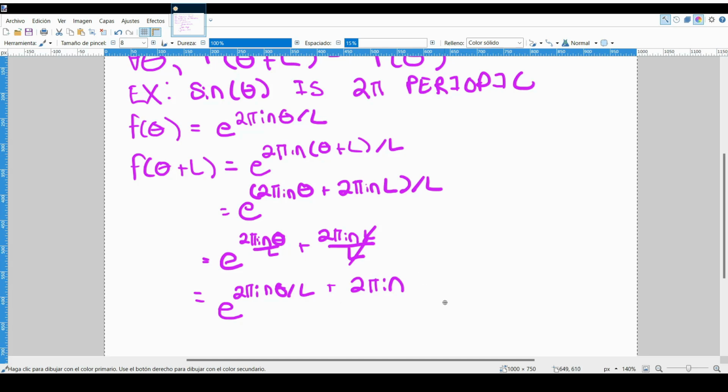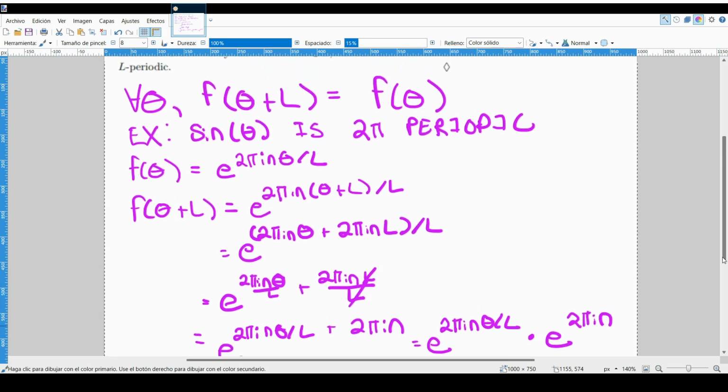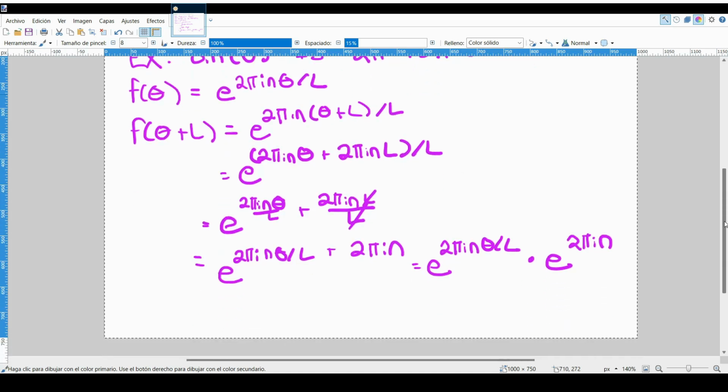Then, using basic exponent laws, this is the same thing as e to the power of 2 pi I n theta over L times e to this power here, e to the 2 pi I n. Now, look at this. If we go up, this is the same thing as f theta. So if we can show that this term on the right is equal to 1, then we're done.